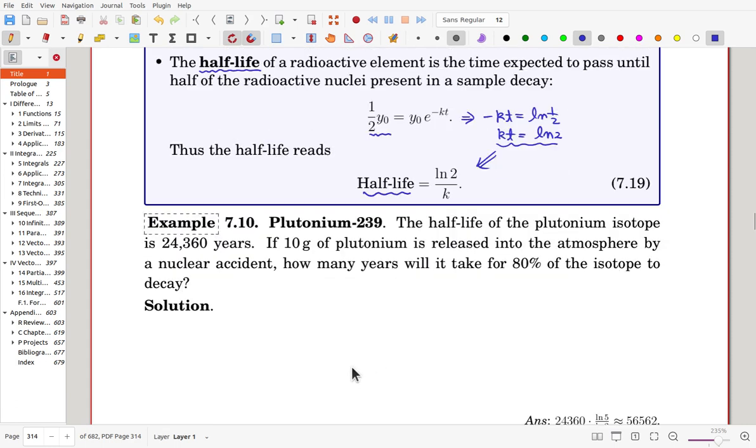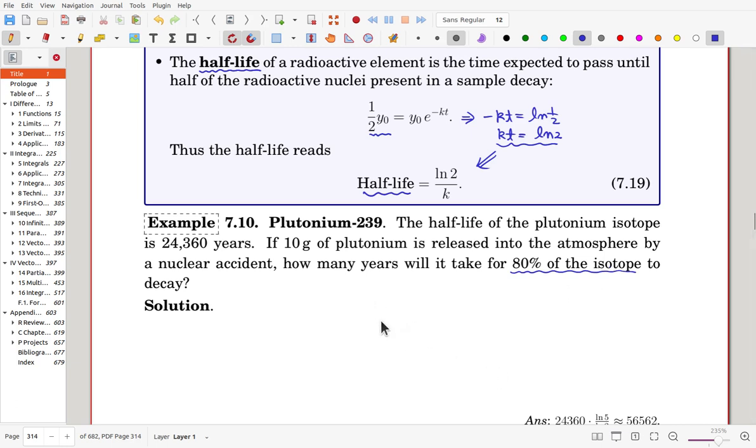Okay, the half-life of a plutonium isotope is 24,360 years. If 10 grams of plutonium is released into the atmosphere by a nuclear accident, how many years will it take for 80% of the isotope to decay?